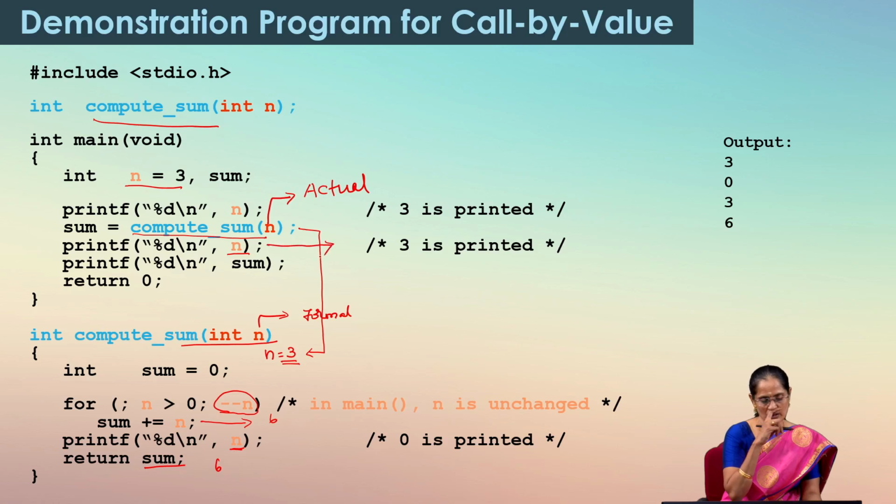When we execute this statement, the n value will remain the same, which is 3, because the n inside the main function is local to that function, and even though the other n has the same name, they are 2 different variables.